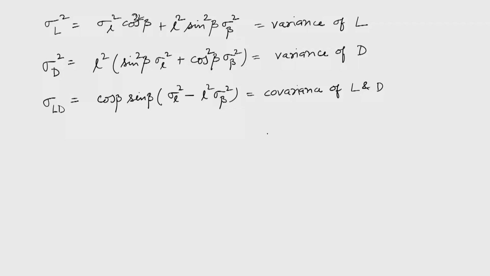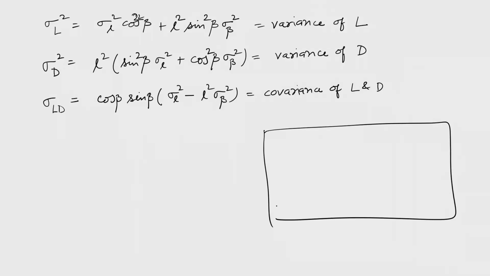Remember, we also do the error estimation by another logic, by variation of the parameter, right? For example, if I just draw here the variation of parameter logic for the area A, delta A is equal to dou A by dou X into delta X plus dou A by dou Y delta Y. Remember this formula.